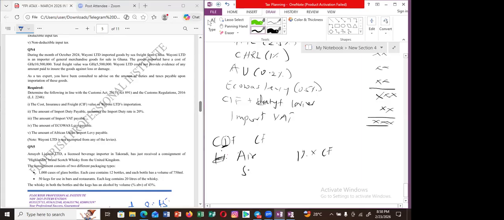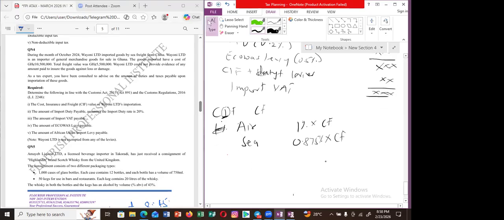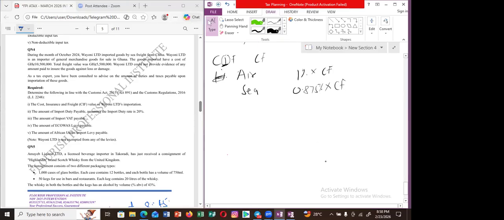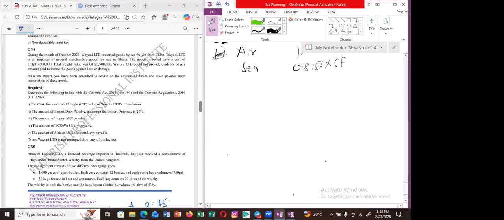Where the transport is by sea, assume that the insurance is 0.875% of the CF, that is the cost plus the freight. I think that's the detail I added.